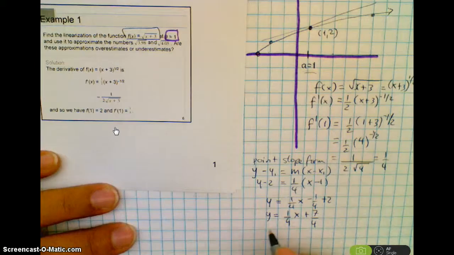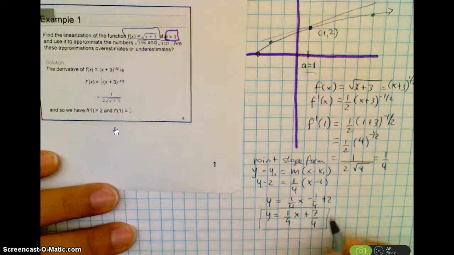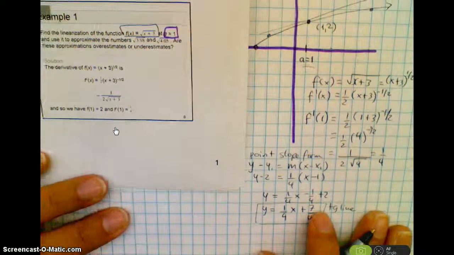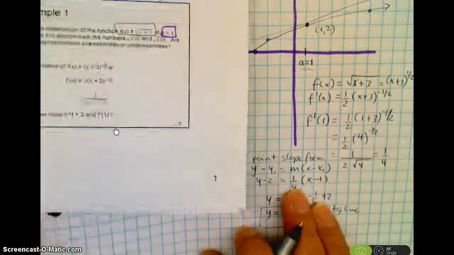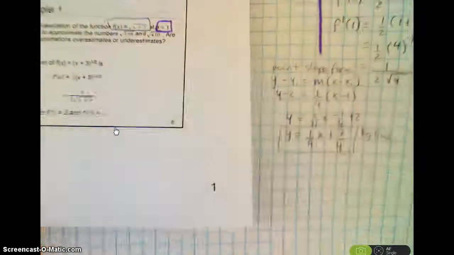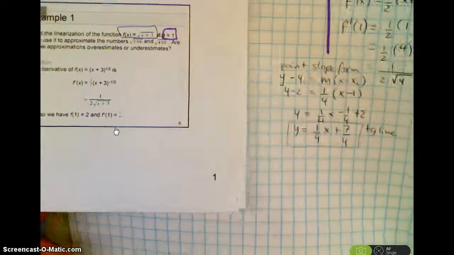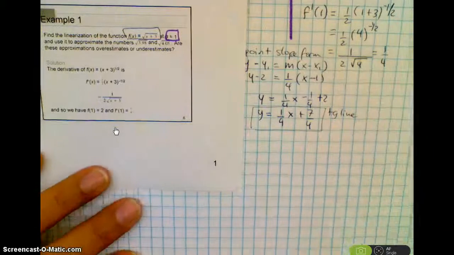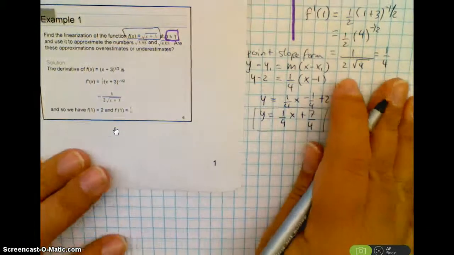So now I have my equation in slope-intercept form, and this is the equation of the tangent line. Now I know that to approximate this y value, I'm going to call that my linearization.